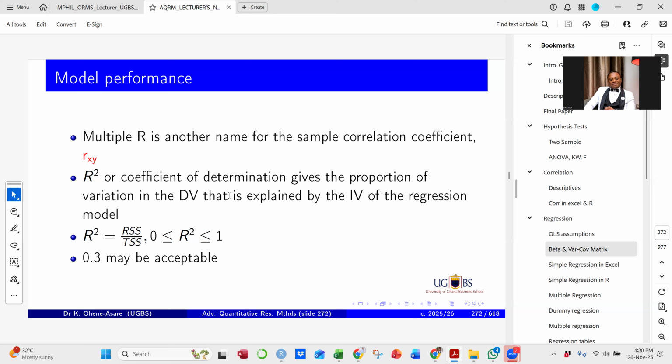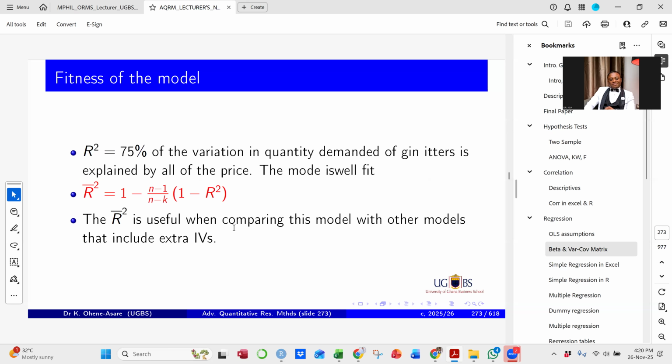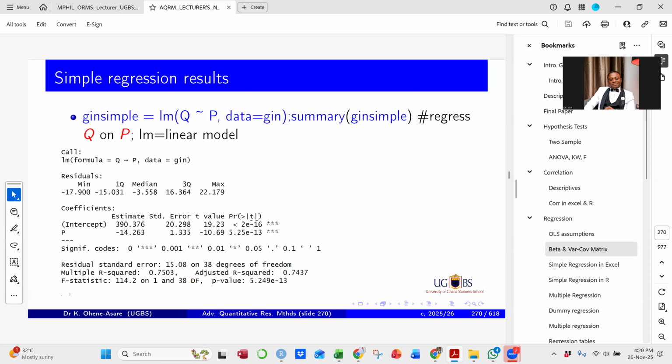That doesn't mean that the others are small. There are a lot of factors that will influence the R-square. Look at the one we generated. Look at the value of the R-square. It's down here. It's called multiple R-square. You can check yours. It's 75%.